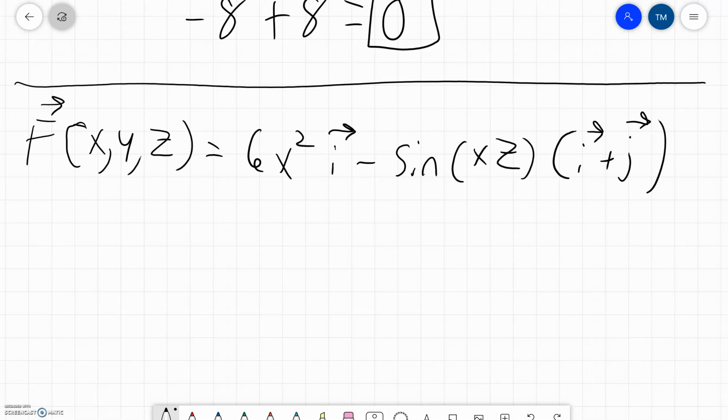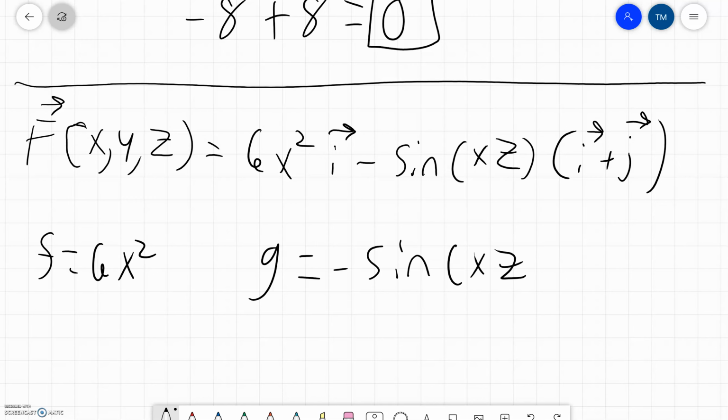Then I'm looking at f. Let's see f here, where we have 6x squared, and then in g we have negative sine of xz.